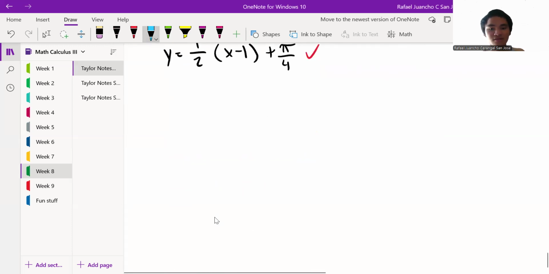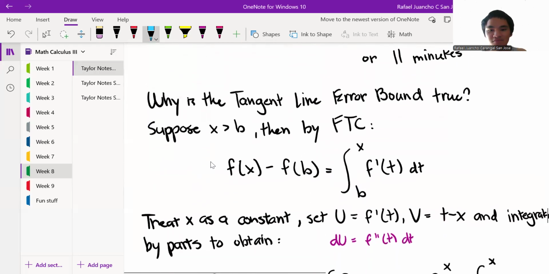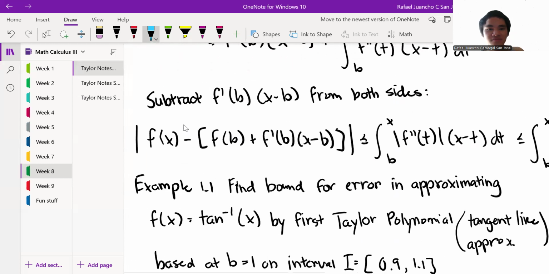Why do we want to do that? Because we want to use the formula. That's why. Oh, the idea is we want to, so the tangent line error bound. Oh, there we go. That's the formula. So this thing.